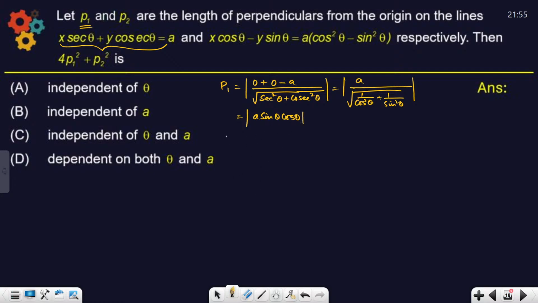What about your P2? P2 is the length of the perpendicular from the origin on this line. So what is my P2?